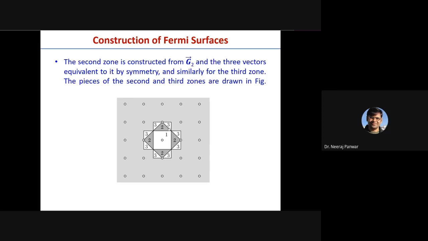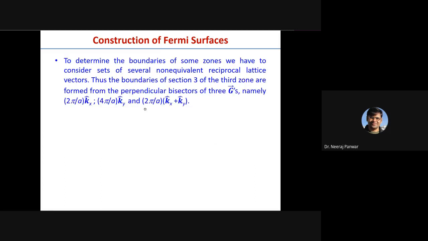And this part will be formed when I connect this point to this point and perpendicularly bisect it. So I need to move along x direction, and I need to move along y direction. So its coordinates would be (2π/a)(kx + ky). And because these are non-equivalent, you can see these vectors, their magnitudes are not equal. That's why they are non-equivalent reciprocal lattice vectors.